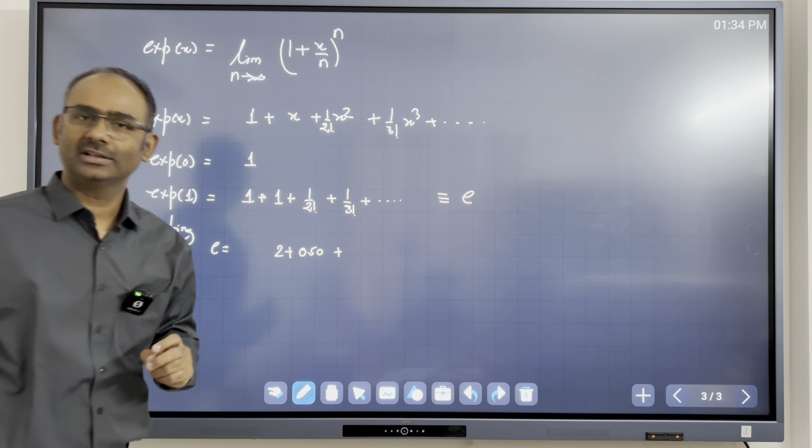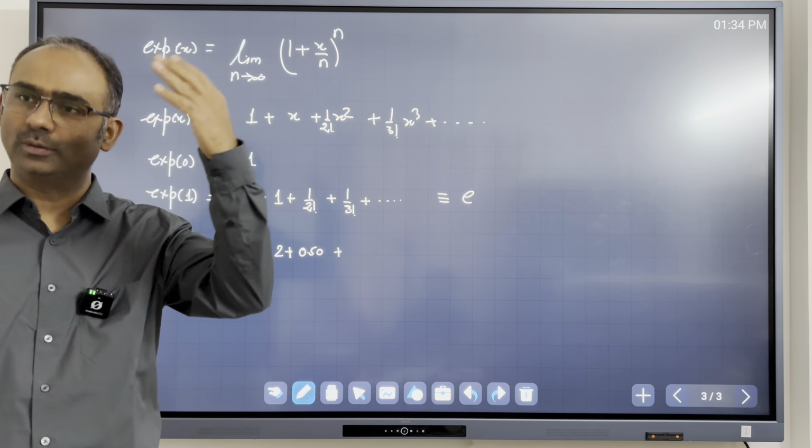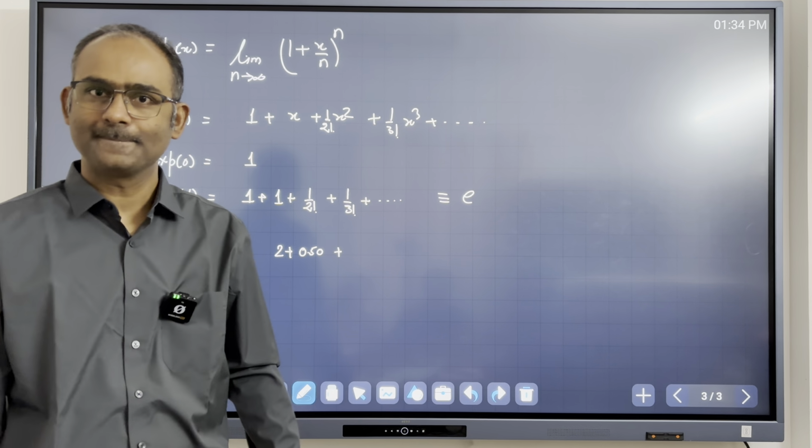Plus, what is 1 over 3 factorial? 1 over 3 factorial is 1 over 6. How much is 1 over 6? 0.166.